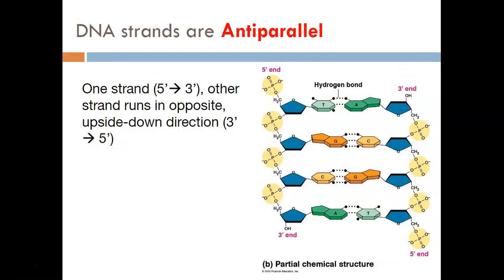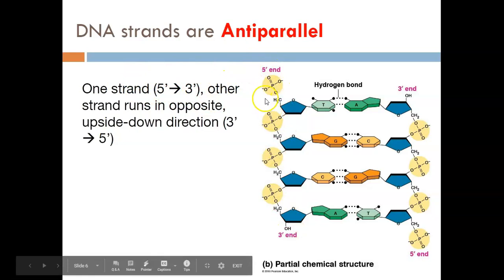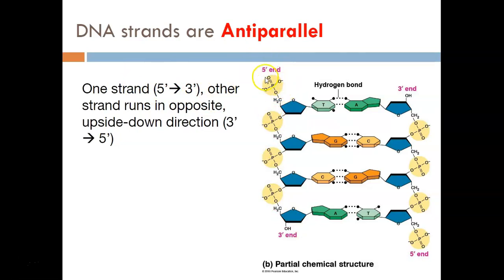An important thing to know too is that DNA is called anti-parallel. So there is some directionality. Always, we're going to talk about things running in a 5' to 3' direction. That's kind of the head to tail way that everything wants to go. You can see on the left, we have a 5' end, which has to do with the specific carbon on the sugar.